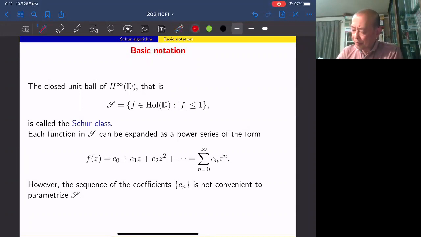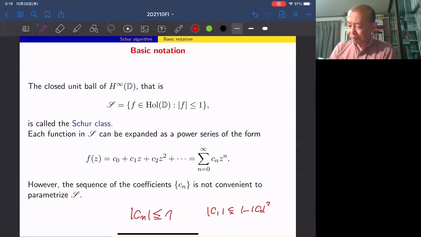Of course, we have some necessary condition like this, but this is not enough to characterize the coefficients of those functions in S. For instance, we have this sort of inequality, which comes from the Schwarz lemma, therefore a Schwarz-Pick lemma, let's say. But anyway, this sequence is not necessarily convenient to parameterize or to understand the topology of the Schur class.